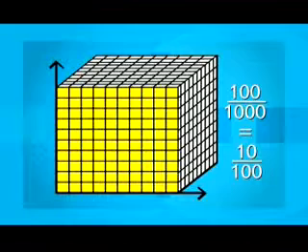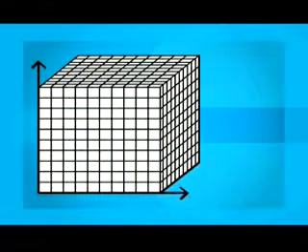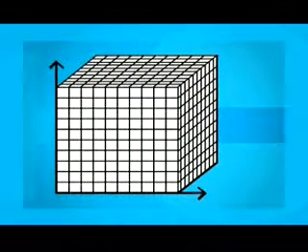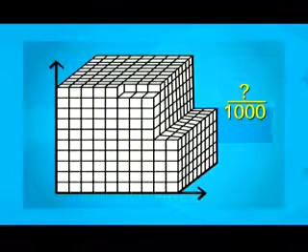We reduce by a factor of 10 again, and see that the blocks are 1/10 of 100. 10 times 100 is 1000. So the total number of blocks is now 1000, with each block representing 1 thousandth of a unit. If we take away this many blocks, what number of blocks remains expressed in thousandths?